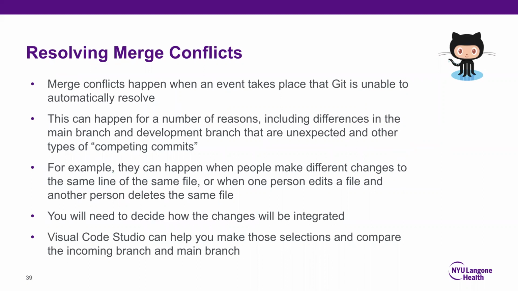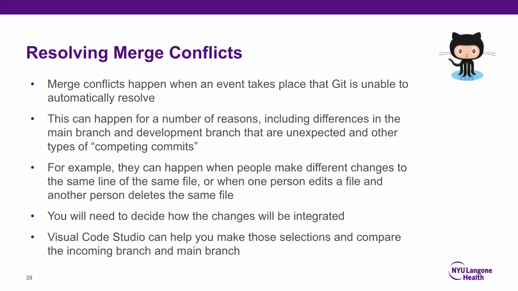A merge conflict happens when an event takes place that Git is unable to resolve automatically. It can happen for a number of reasons, including potentially unexpected differences between the main branch and the development branch, and other types of competing commits.